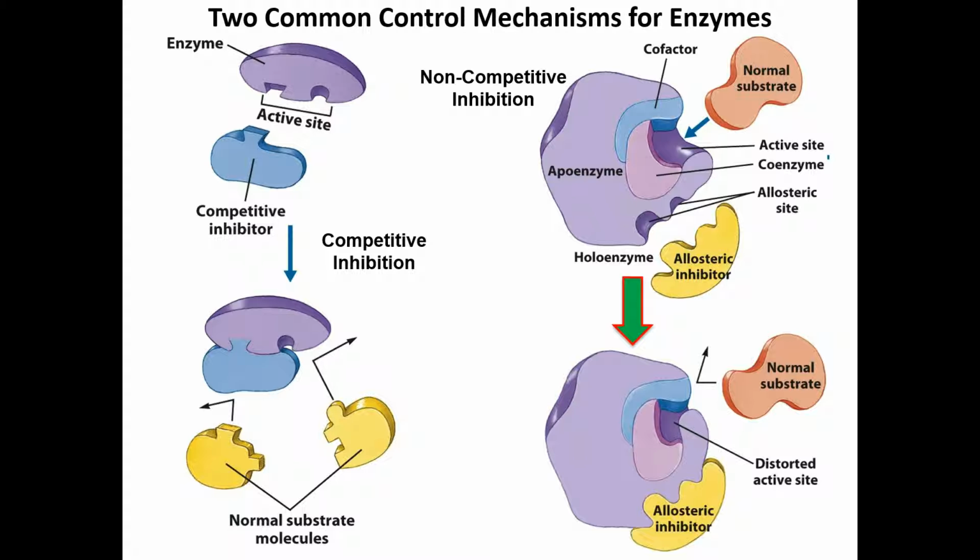There are two main ways that you can control enzymes: competitive and non-competitive inhibition of enzyme activity. Looking at competitive inhibition, think about what that word means: competitive. Something is competing for the enzyme's attention.